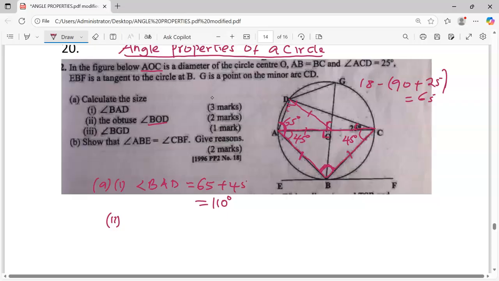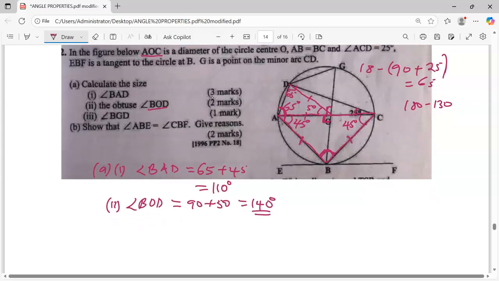And if that is the case, we are going to have 65 here. And if this is 65, we are going to have 180 minus 65 plus 65 is 130, translating to 50 at this point. If this is 50 again, and this is 90 here, then the angle BOD will be equivalent to 90 plus 50, which is going to give us 140 degrees as the answer to Roman 2 of this question.